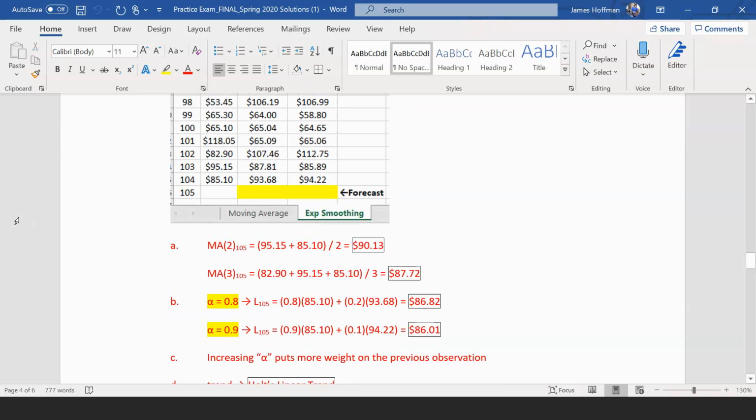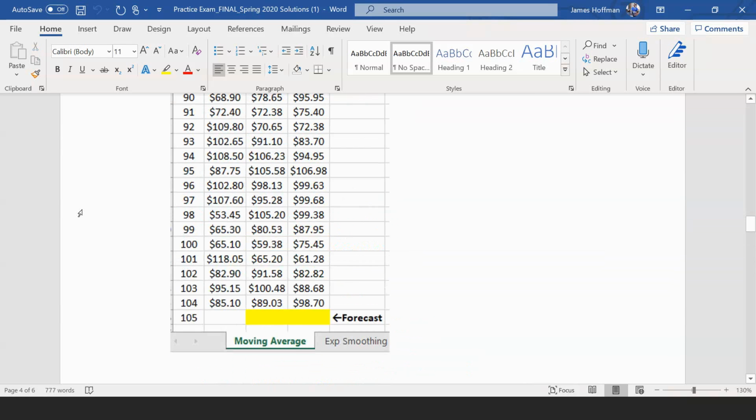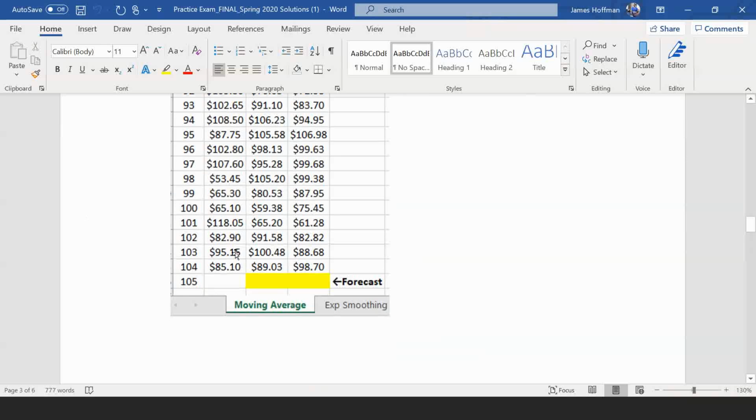All right, so to get a moving average of 2 for your prediction, all you do is take the average of the last 2 actual observations. So it's basically the average of week 103 plus week 104, which is $95.15 plus $85.10.